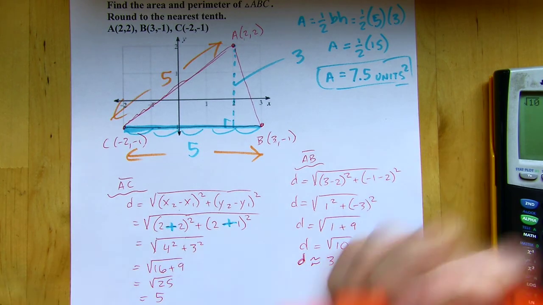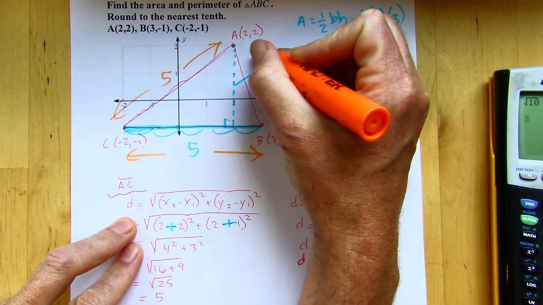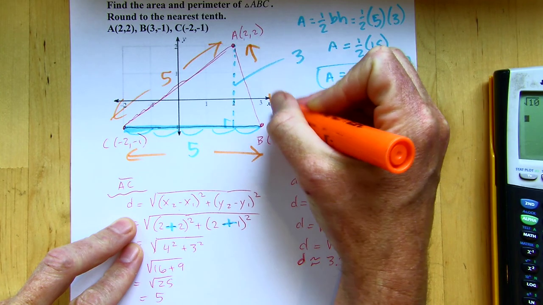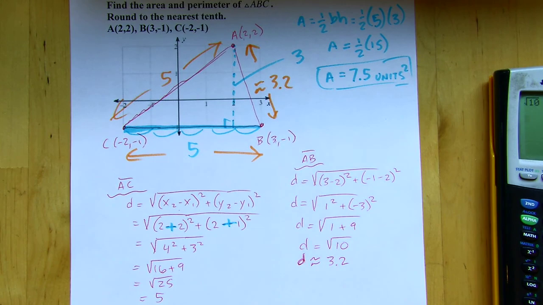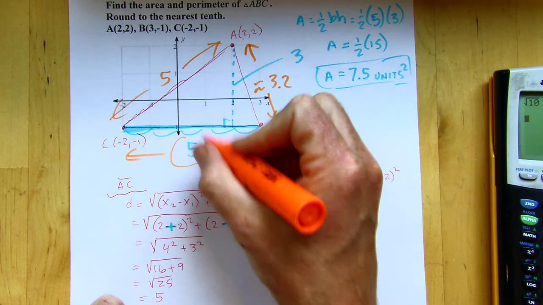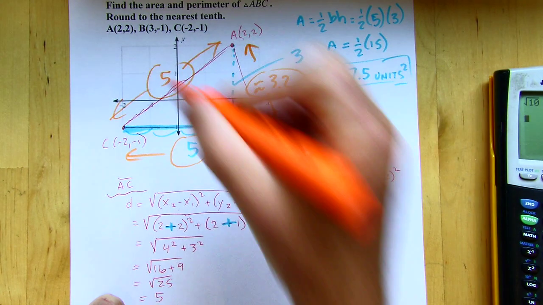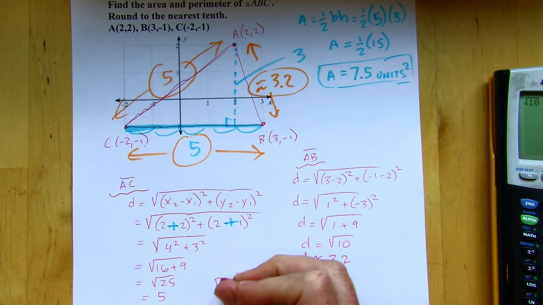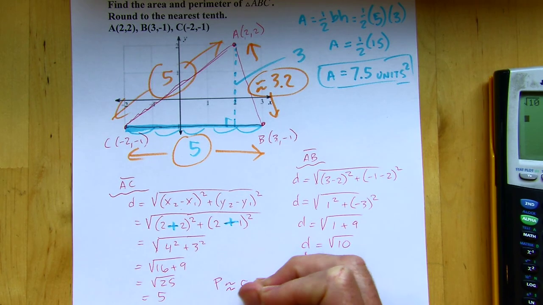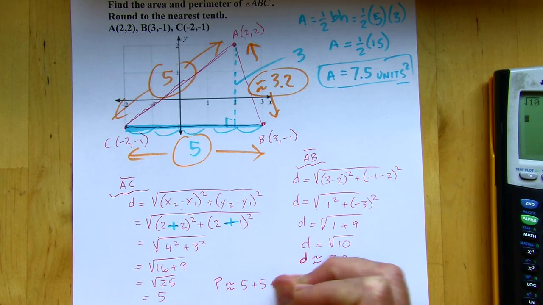So putting this back in the picture, this side then is about 3.2. Okay, and now I can find the area by adding those, sorry, not the area, the perimeter by adding those three numbers together. So my perimeter is going to be about this.